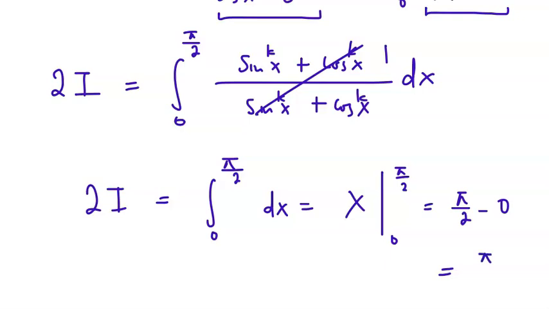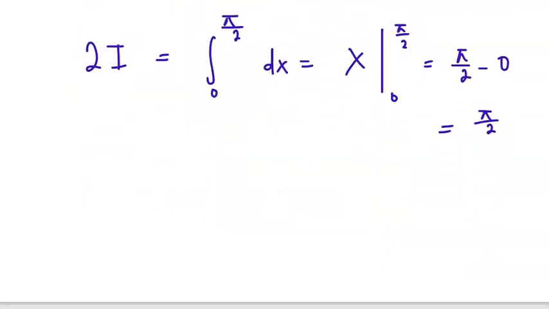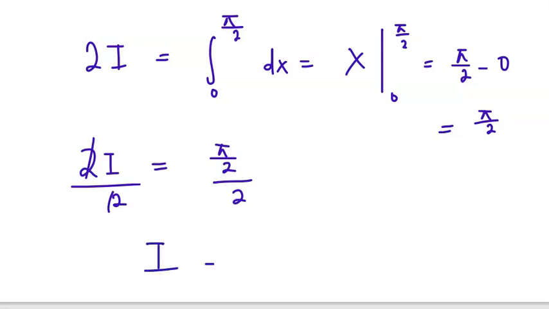So this will give us pi over 2. Do not forget that our 2I right now is equal to pi over 2, right? So divide both sides by 2 to get our I. Once you do that, you get that I is equal to pi over 2 divided by 2, which will give us pi over 4.